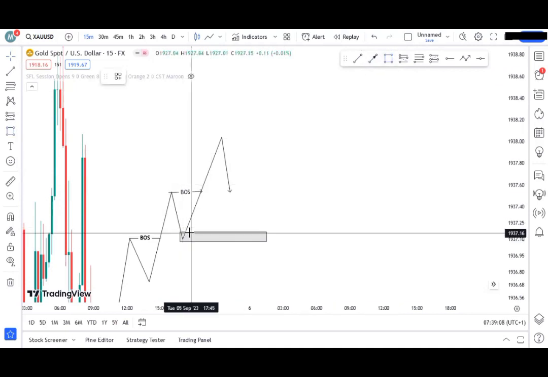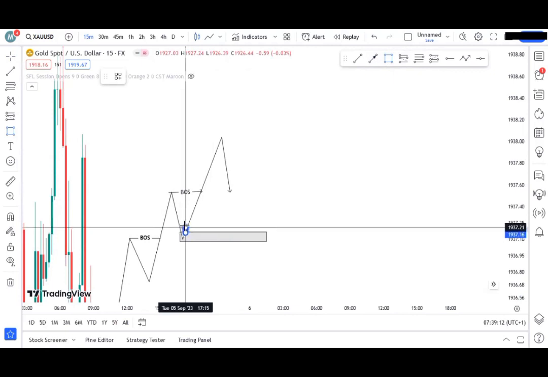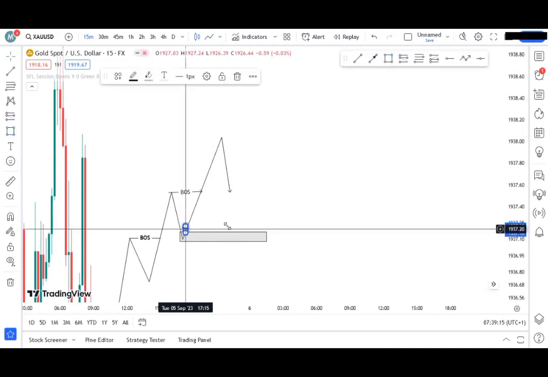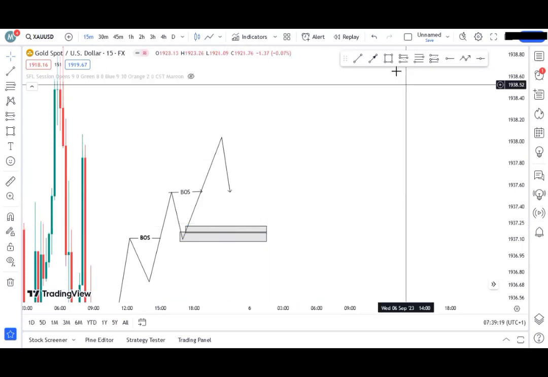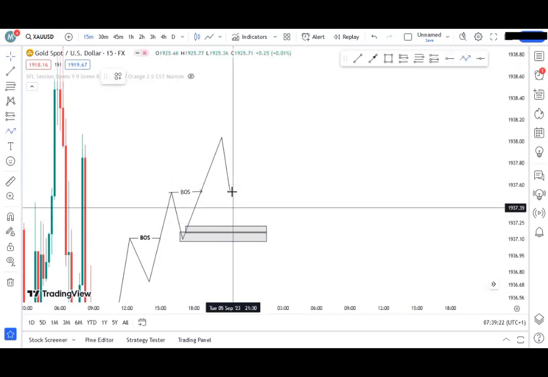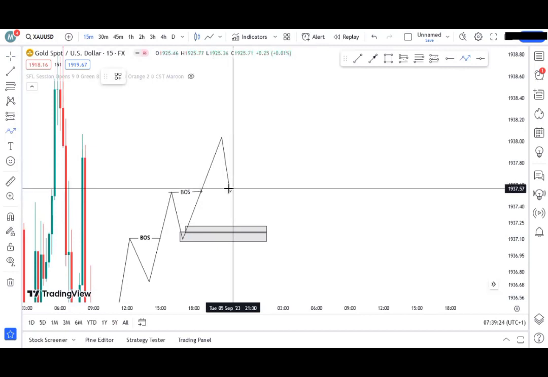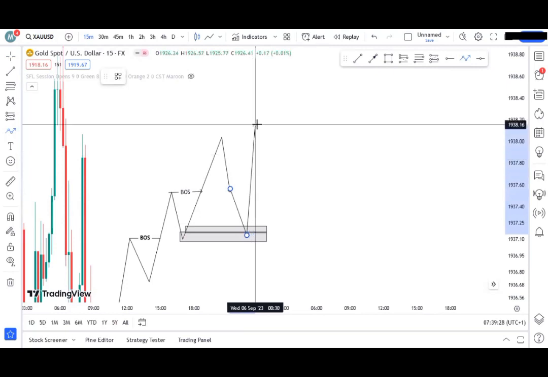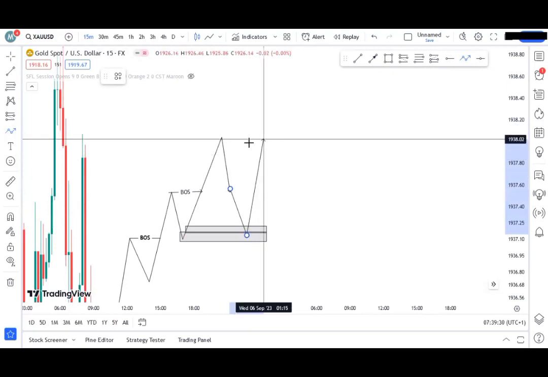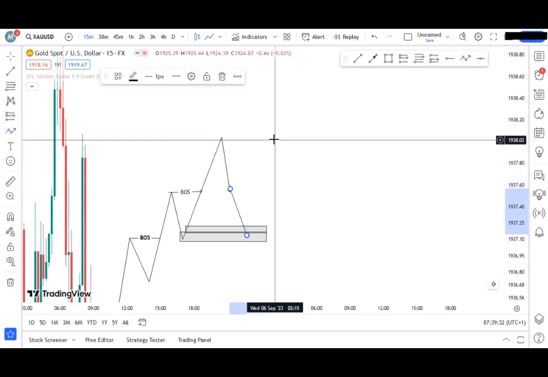Then let's say there's a fair value gap right here. So the concept is that price will come into this one and push back up. That's just the concept behind it.